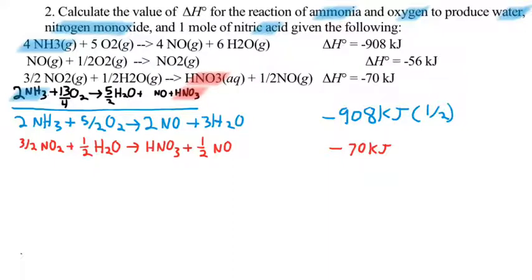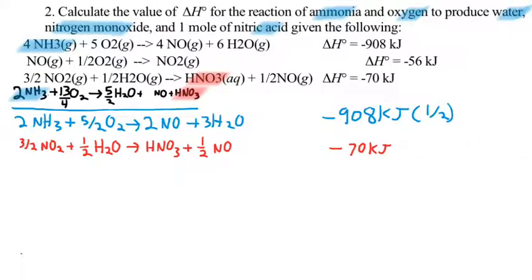Now I'm looking at my overall equation that I'm trying to make, this one I wrote in black. I have the NH3s, some O2s, some H2Os, some NOs, and some HNO3s, so it's all there.